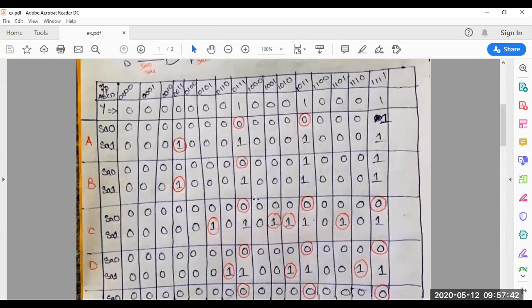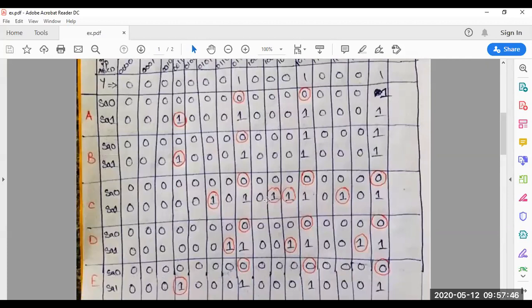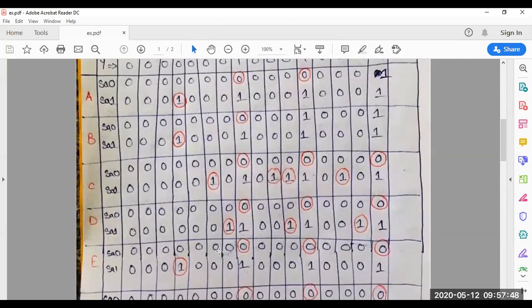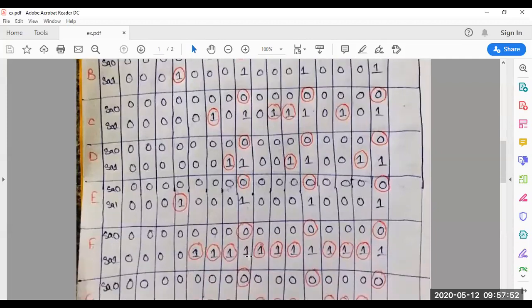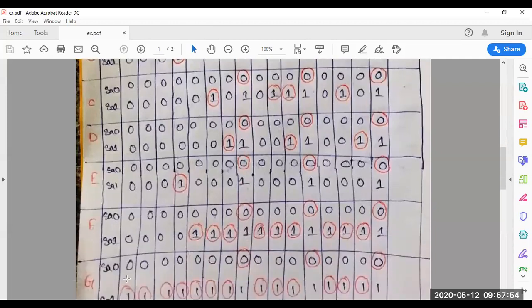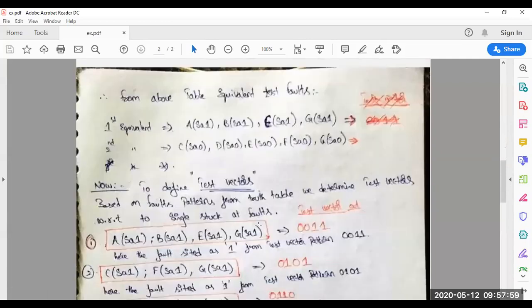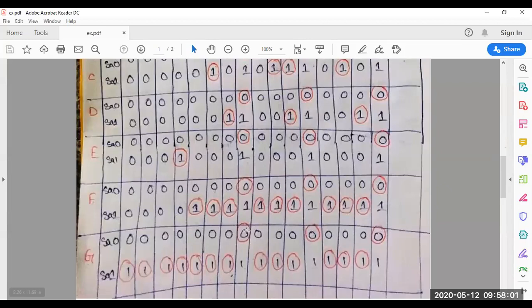Equivalent test vectors are those with the same vector and the same output. You can see here G stuck at 0, which is noted as 0, 0, 0.